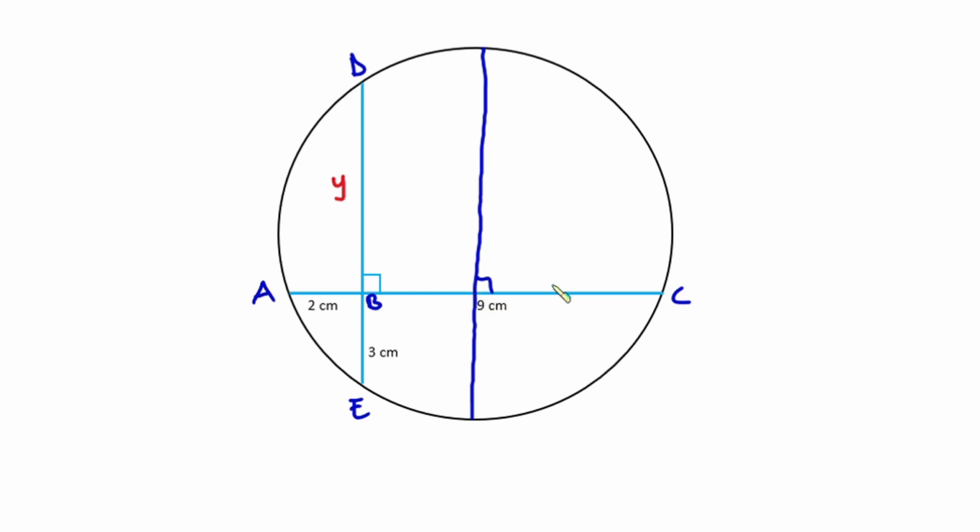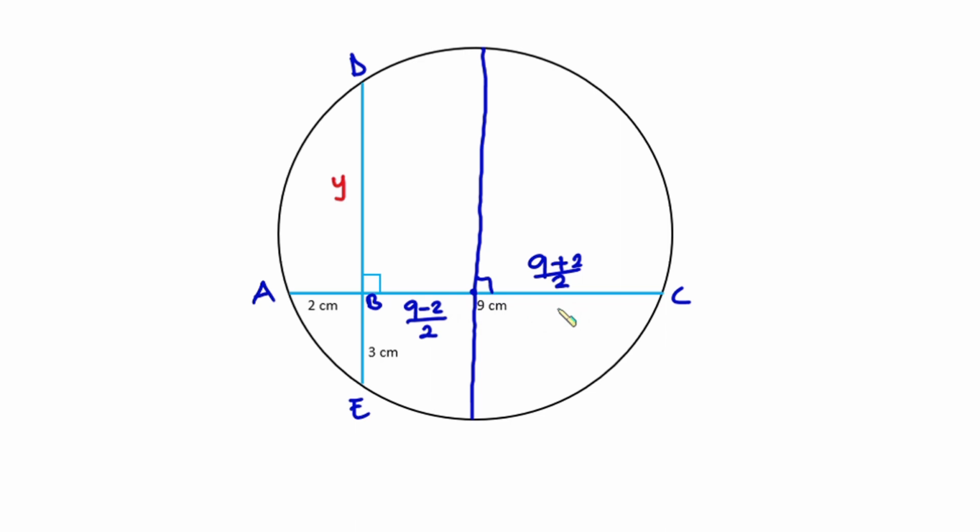So to find this distance, it's a matter of summing 9 and 2 and then dividing them by 2. So the distance from here to here is (9 plus 2) divided by 2. Then the distance from B to this point is going to be the distance from B to C minus A to B, all divided by 2. So it's going to be (9 minus 2) divided by 2.